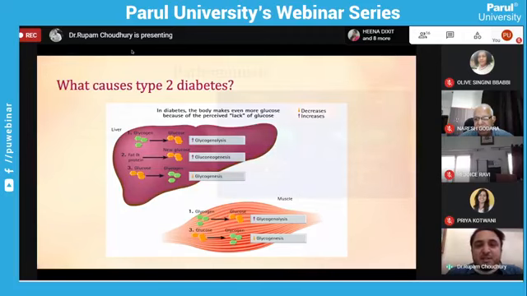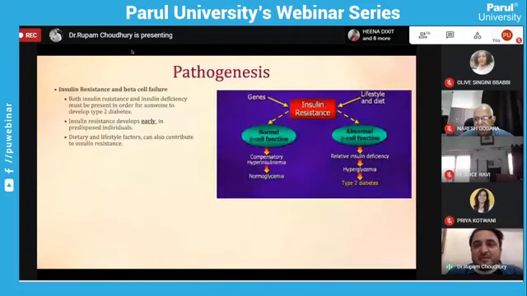This is the pathogenesis. Genes, lifestyle and diet lead to insulin resistance. If somebody has normal beta cell function, the beta cells compensate for the insulin resistance. Compensated hyperinsulinemia is there, and the patient remains normoglycemic.